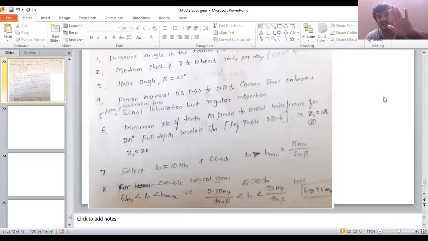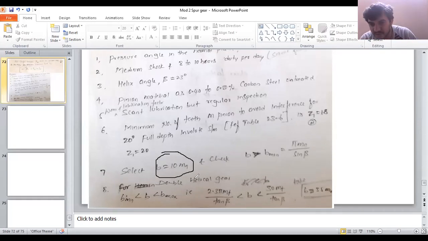In a double helical gear, you can see both the left hand helical and right hand helical parts, and in between those two there is a gap, formed on a single raw material, single blank. For a single helical gear, it is 10 times the normal module. For double, it is at least twice, 20 times the normal module. But there will be a gap between the left hand helical gear and right hand helical gear.